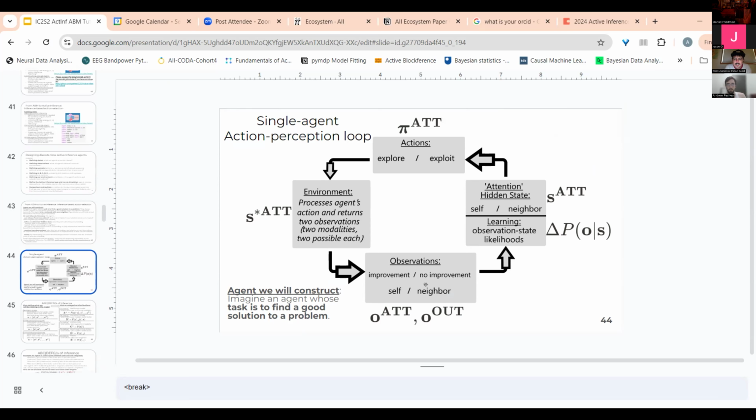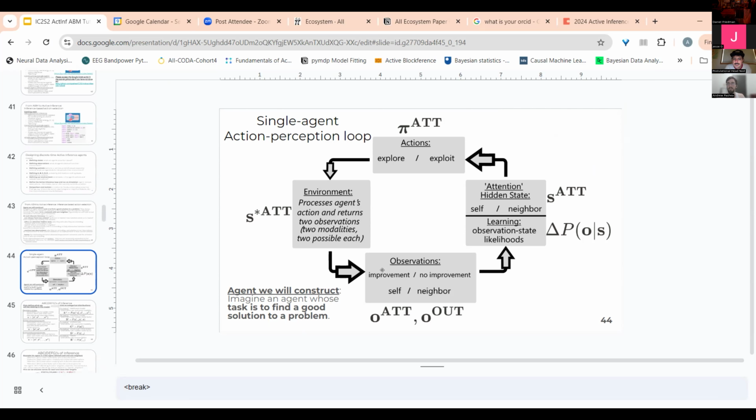Here, the agent receives one of two observations. One of them is related to an improvement: if something improves or if it doesn't improve. I didn't include a third category, but there's another one called unobserved. Just bear with me and we'll go into what that means soon.